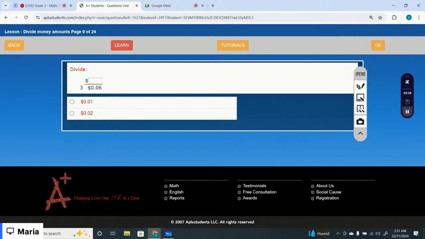That is 0.02. Option number 2 is the correct option. Okay, you can complete the lesson by yourself later today. Let me just move on to the next lesson.